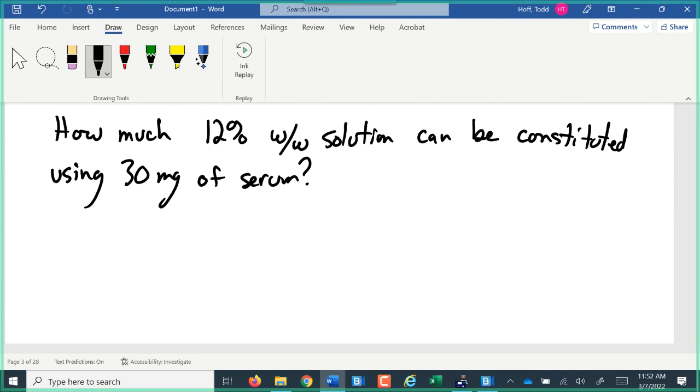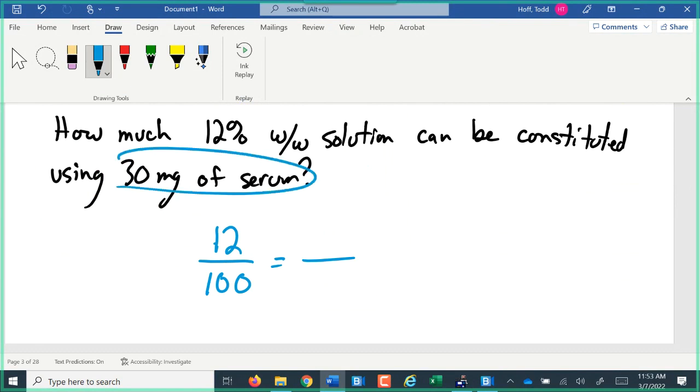So here we're going to look at 12%. Now we're going to write that as 12 out of 100, just like we did back when we were doing our percents in Unit 1 and Unit 2. The other side, of course, the top number is still the amount of serum. That's our 30 milligrams.